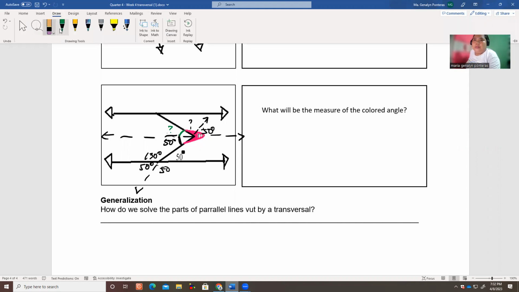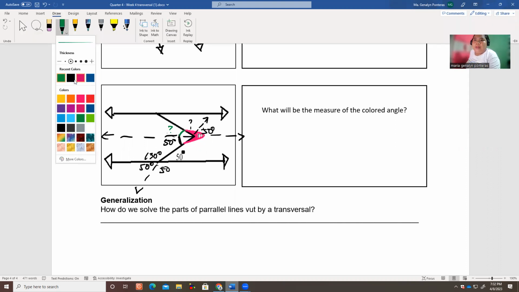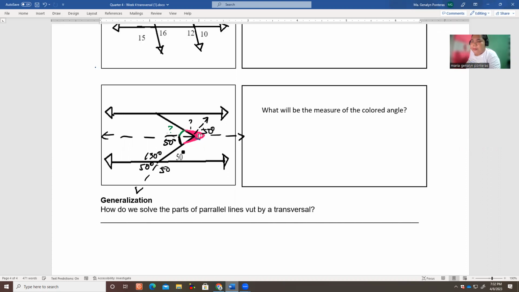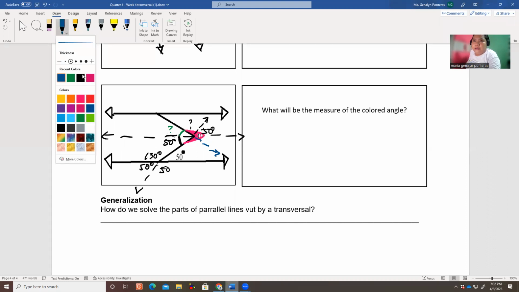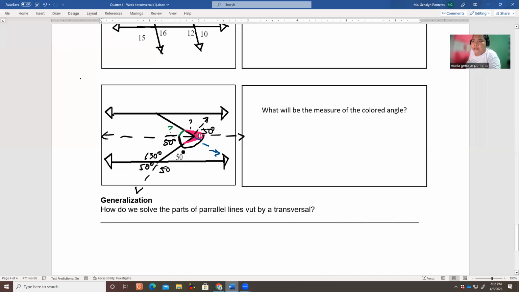We need to draw another transversal. And if this is 130, if the whole thing here is 130.